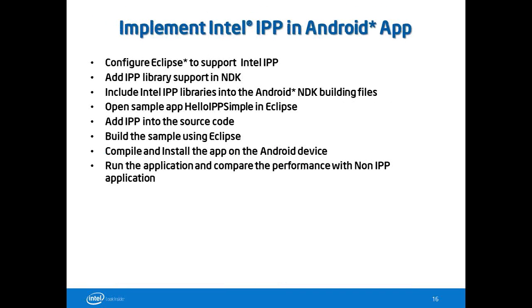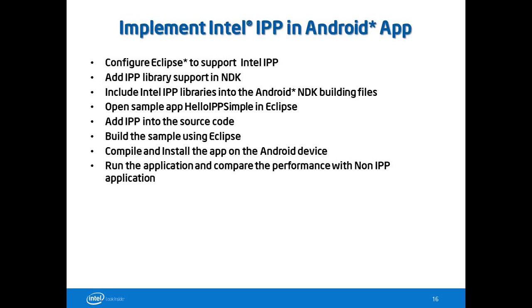This just explains in plain text whatever I have shown you on Eclipse. You can use this as a reference whenever you want to include IPP in your application. One small exercise that you could also do is build an IPP version of your application and a non-IPP version of your application, and you can go back and use a tool like GPA to analyze the performance difference.